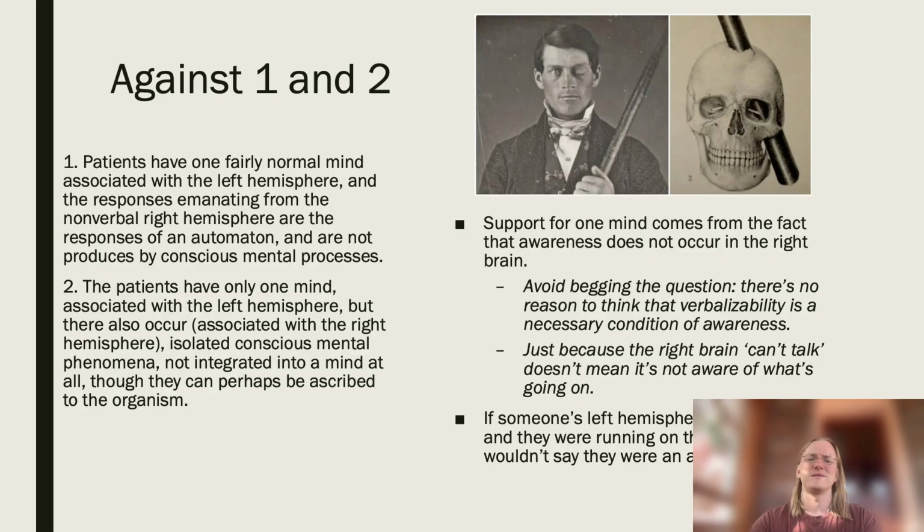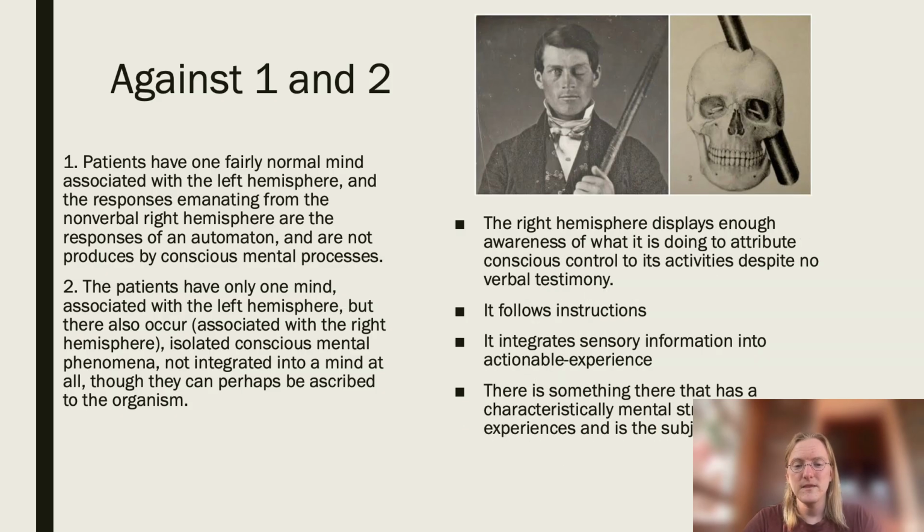So likewise, just because the left side of Phineas Gage's brain was destroyed does not mean that he's no longer a person or is an automaton. He's just functioning from sort of a different set of conditions for consciousness, so it seems. And important is that the right hemisphere displays enough awareness of what it's doing.